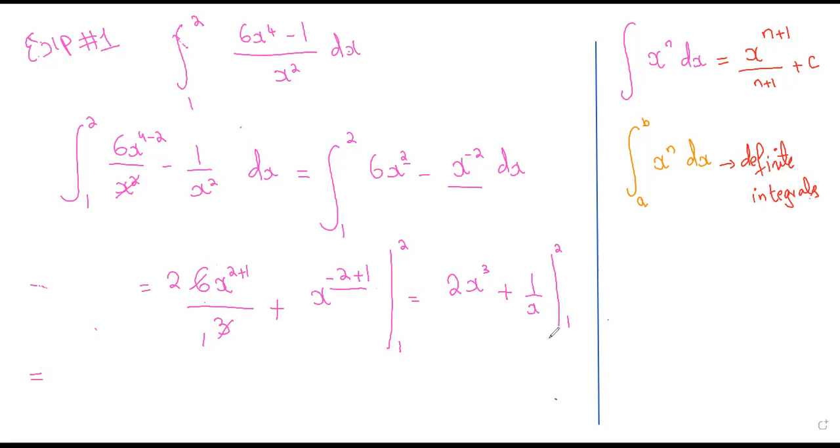So for this, we are supposed to plug in 2 first. So I'll plug in 2 in this function. So it would be 2 times 2 cubed plus 1 by 2. Bracket closed. I'll put a minus sign, and now I am going to plug in 1.